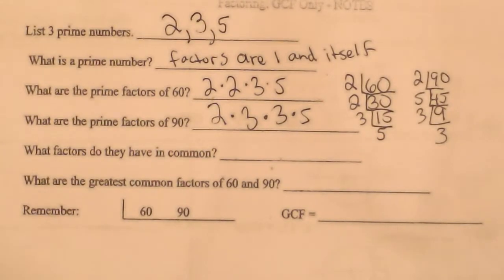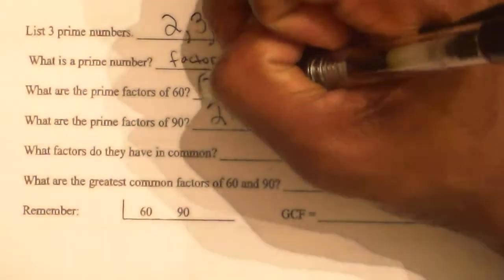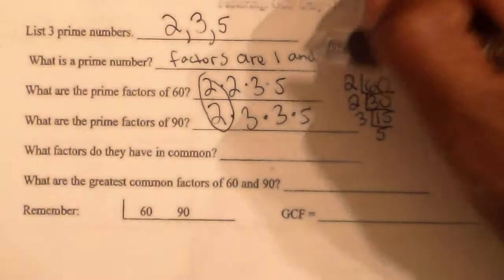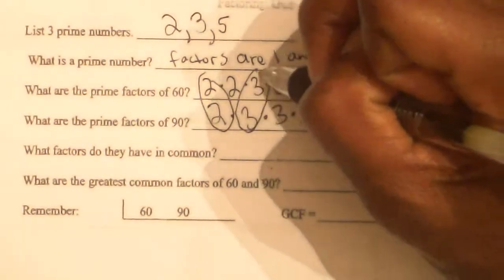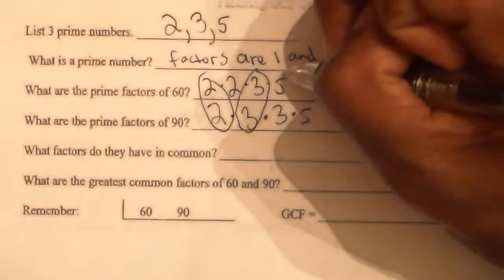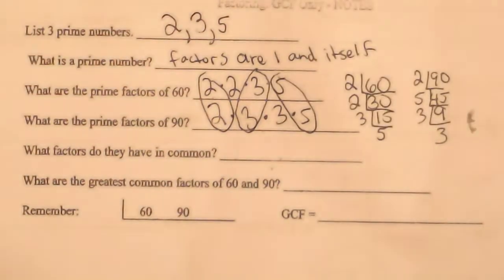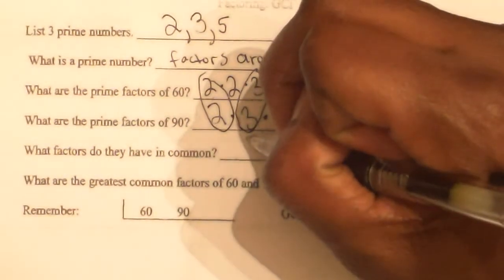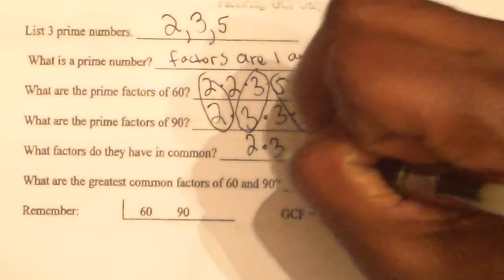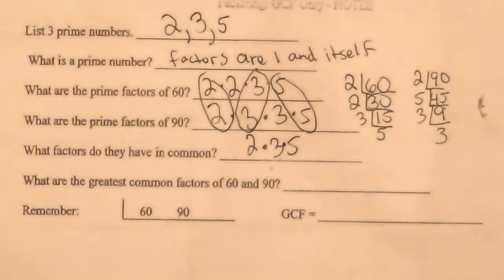And so which factors do they have in common? If we look, they have a 2 in common. What else? You're right. A 3 in common. And they also have a 5 in common. So the common factors are 2 times 3 times 5. Those are the 3 numbers they have in common.